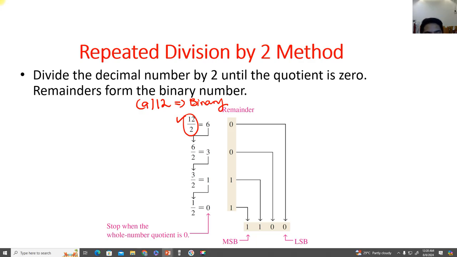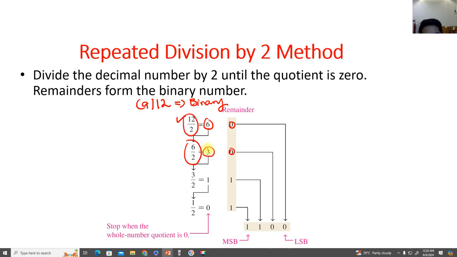So, 12 divided by 2 is 6, 0 remainder. 6 divided by 2 is 3, with 0 remainder again. Take note of the remainder. If there is a remainder, that becomes either 0 or 1.